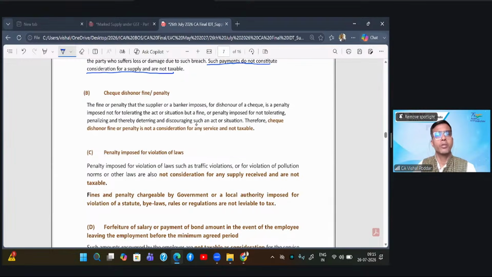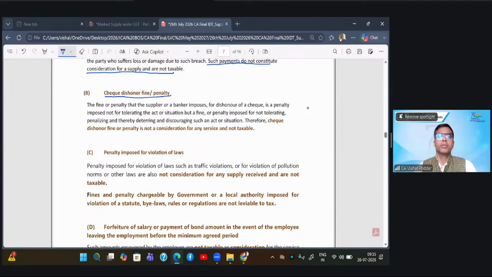Now this is an express contract to not do something. That is a supply. But where I have asked you to do something, this is the main contract, and I have also put a penalty clause, if you don't do it, then that penalty will not be a supply and there will be no GST on that.